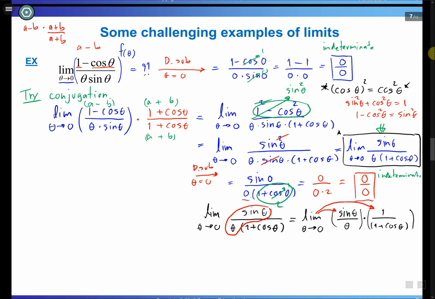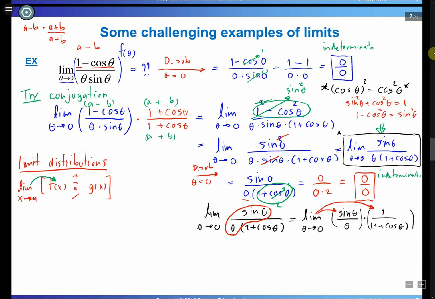So let's write down right here: limit distribution. If you have the limit when x approaches a of two functions, a first function and a second function, with some operation between them, like plus, minus, multiply, division, you can distribute the limit into each one of them separately.